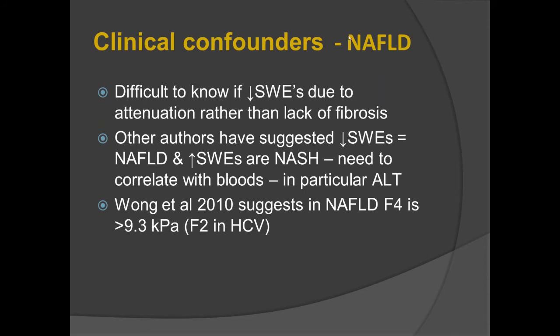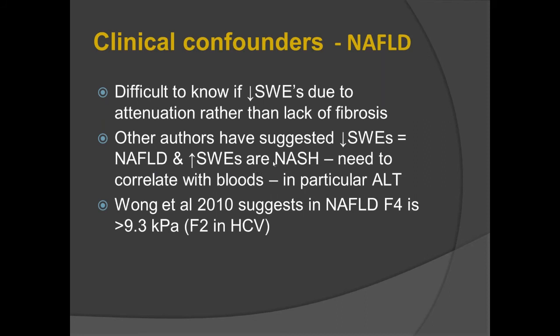It's just fat, it's a bit squishy and nothing else is going on. But when you get patients with non-alcoholic fatty liver disease and we get high shear waves, the question is, is it because we've got an inflammatory change? So are we actually seeing the non-alcoholic fatty liver disease patients progressing to non-alcoholic steatotic hepatitis?